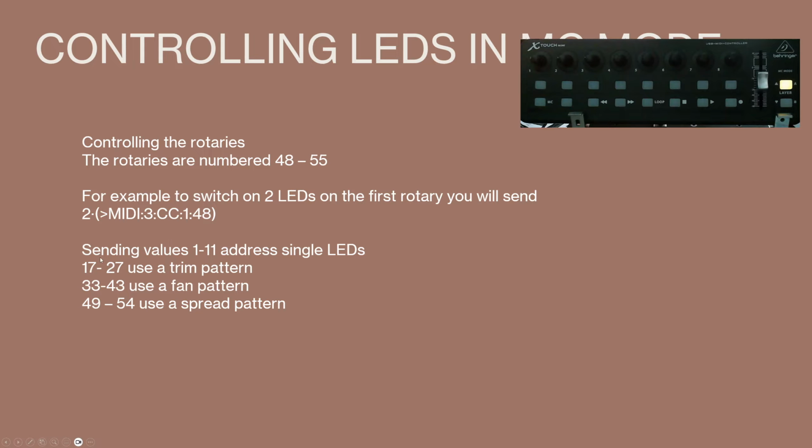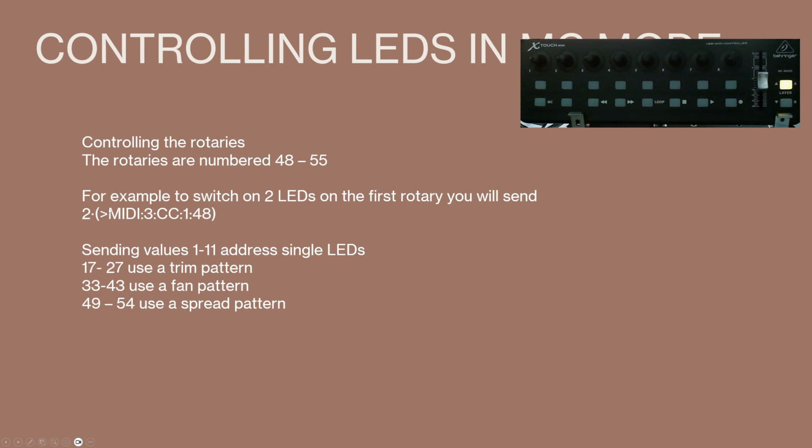If the value is in the range 1 to 11, it just turns on a single segment between 1 and 11. If you use the range 17 to 27, it uses a trim pattern. If it's in this range here, 33 to 43, it's a fan pattern. If it's 49 to 54, use a spread pattern. So it combines the two modes when you're in Mackie mode.